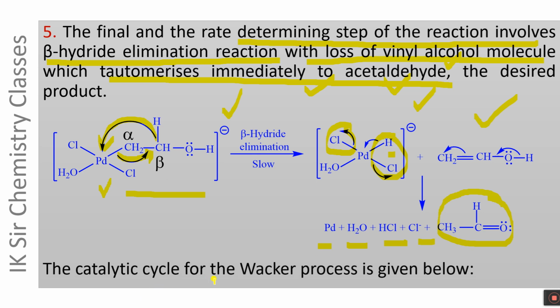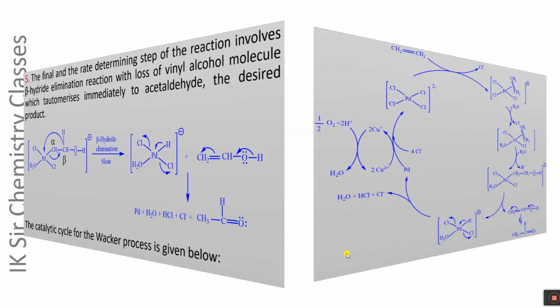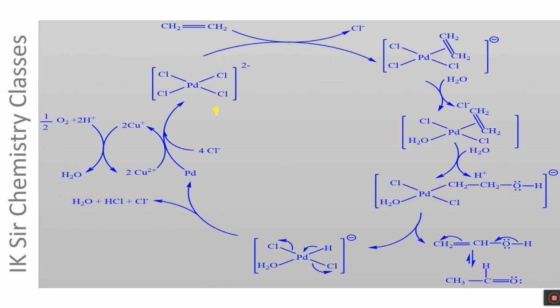The catalytic cycle for the Wacker process is given below. This is PdCl4 2- ion. Its one Cl- is replaced by an ethylene molecule, forming this complex compound having 1- charge. The ethylene molecule is coordinated to the palladium atom.